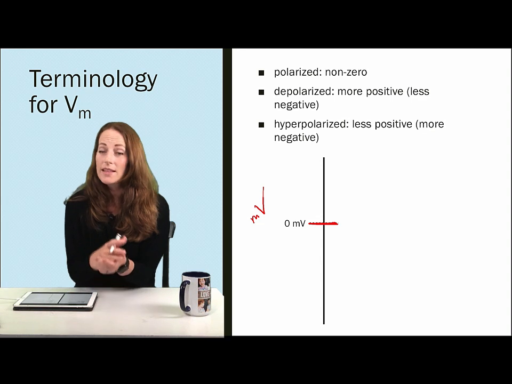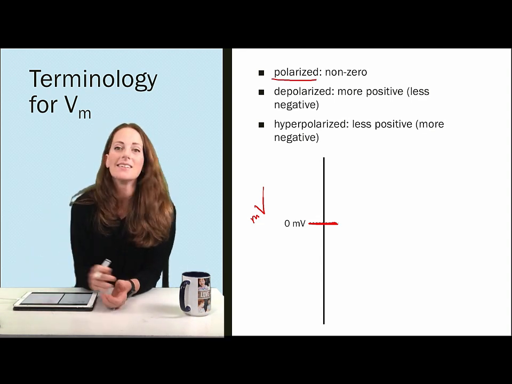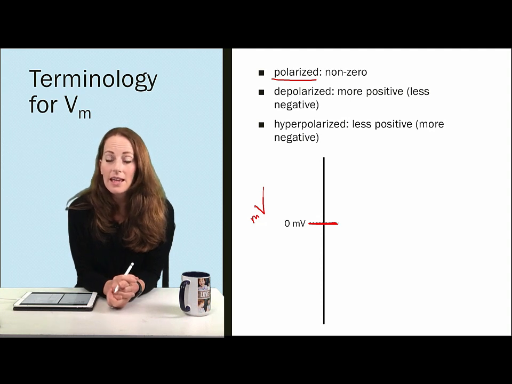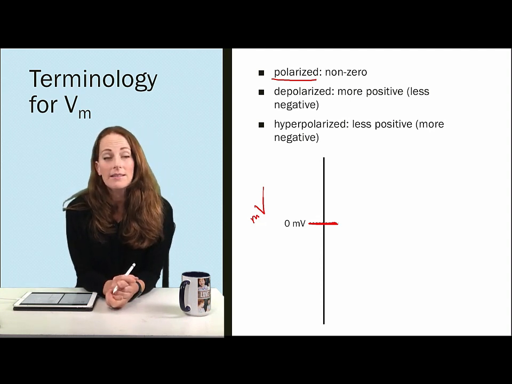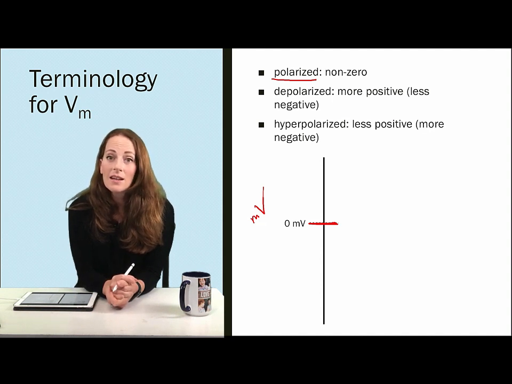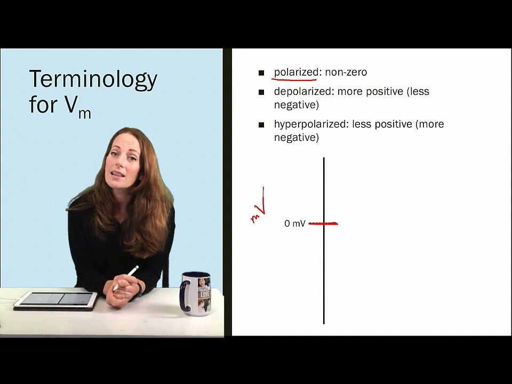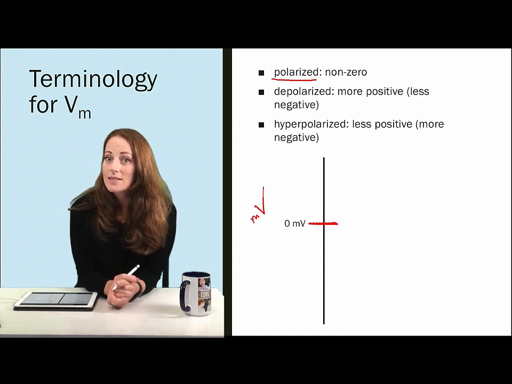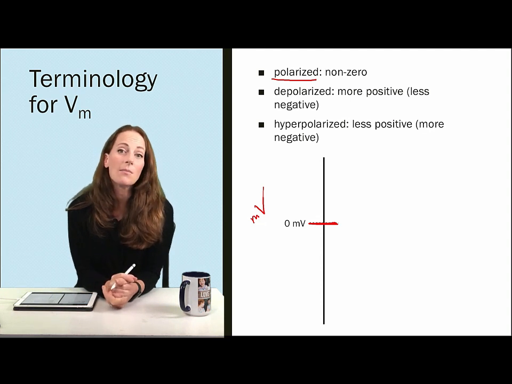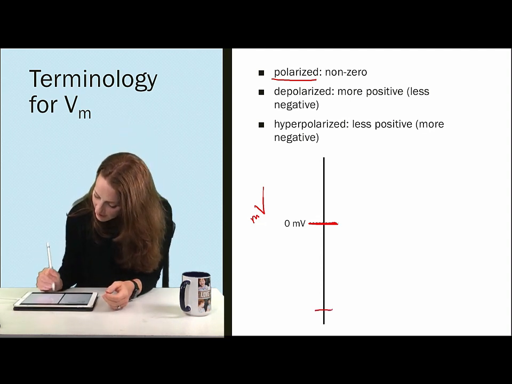If we're anywhere that's non-zero, then that would mean that the membrane is polarized, which is the case for body cells. All membranes are polarized to some extent. Neurons, muscles, and excitable cells are highly polarized, or far from zero, at rest. As we said, a typical resting membrane potential for a neuron is around -80.